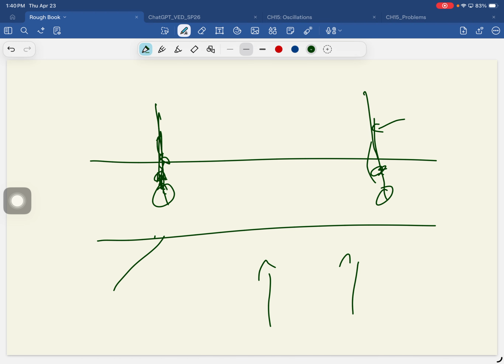You can think of it as pushing the pillar, hitting the pillar like that. See, I push this, right?